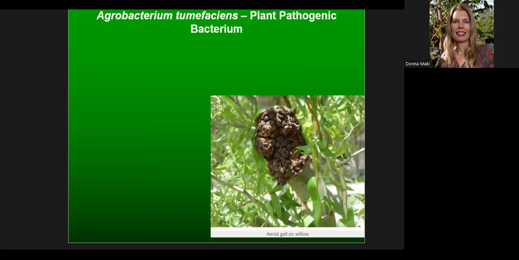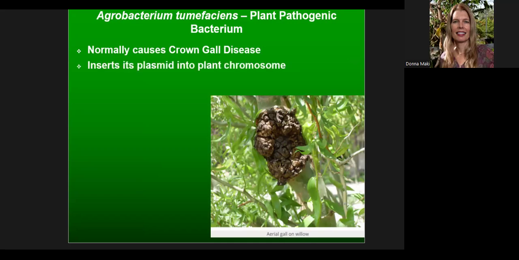Normally, if it's just living its normal life, it can cause what's called crown gall disease, which is what you're seeing here. You've probably seen that in your life already, just out walking around, hiking. It's found everywhere I've lived.